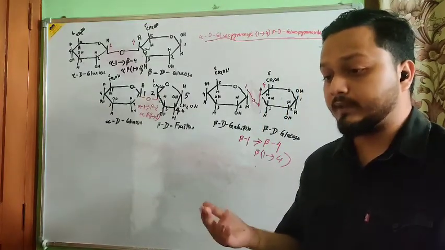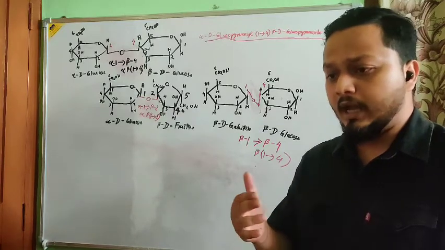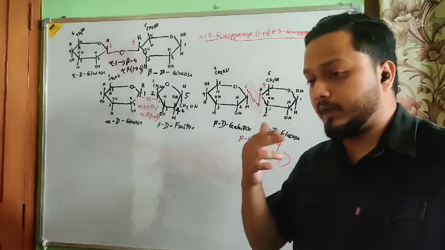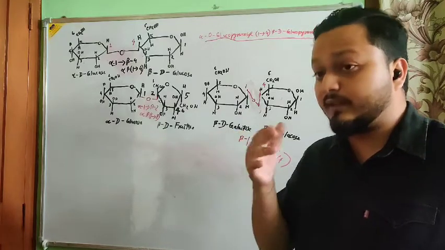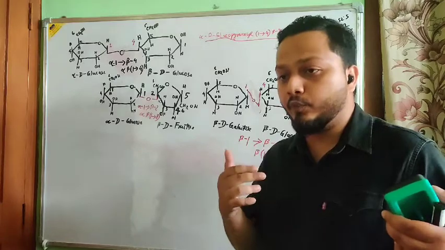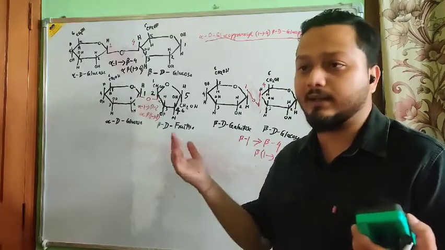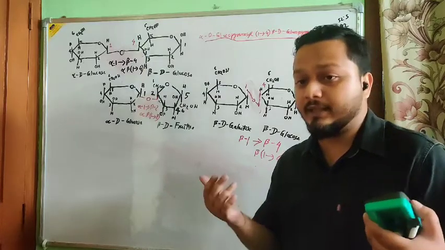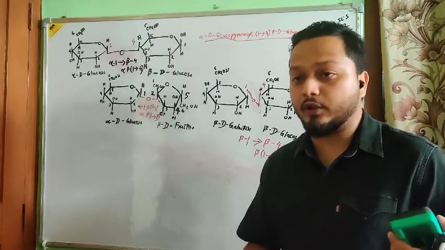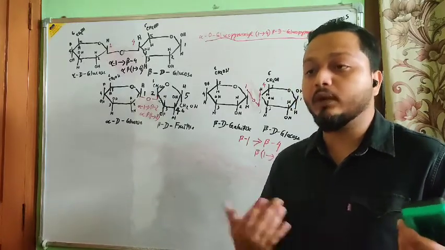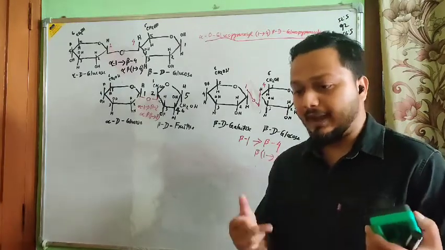Now, what is lactose intolerance? When some people consume dairy product, generally mostly in large amount, like raw milk or any other dairy product, butter, ghee, cream, they may face digestion issue. There may be formation of gas, stomach pain, vomiting, bloating of stomach, like this.